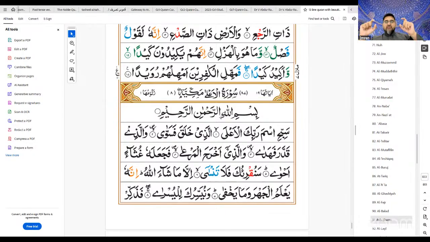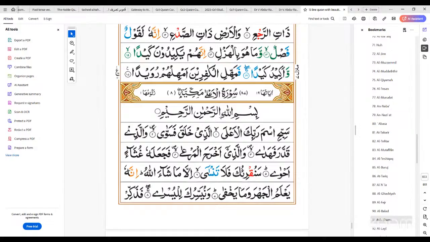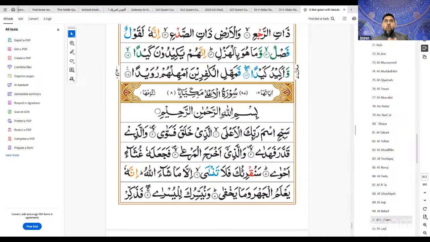So if there's an alif in the beginning and the alif has a kasra or a dhamma, this means that this is a three-letter root word. But if the alif in the beginning has a fatha, then it can be a four-letter verb or maybe another additional-letter verb. Correct? Excellent. MashaAllah.